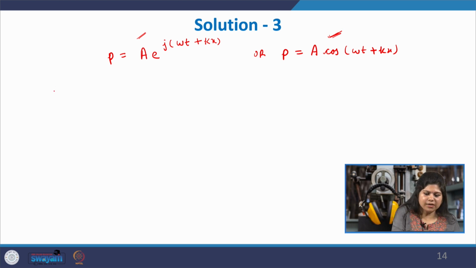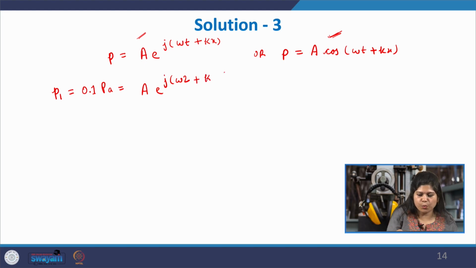Let us say the first pressure, which is 0.1 pascals, is when the time is equal to 2 seconds and the distance is equal to 1 meter. We will not take the complex form because this is a real quantity.